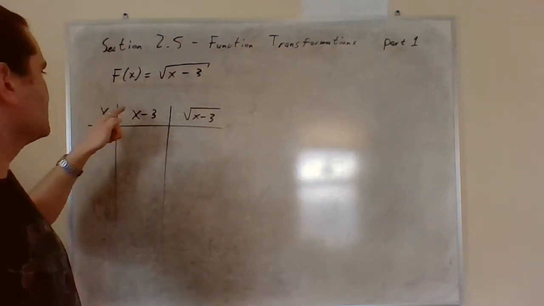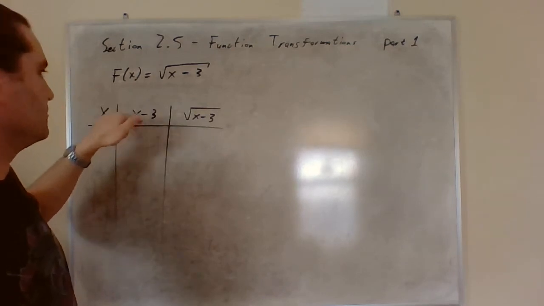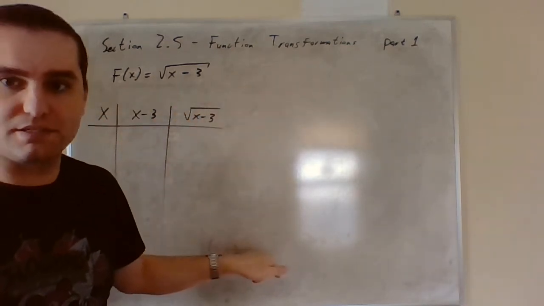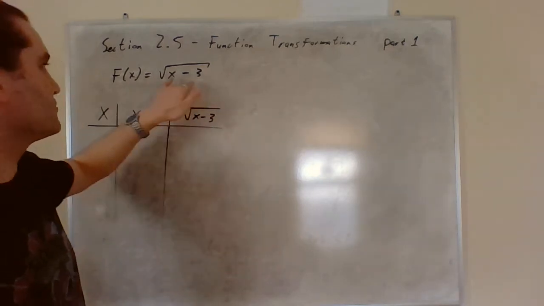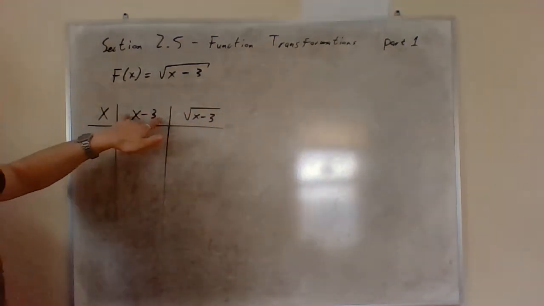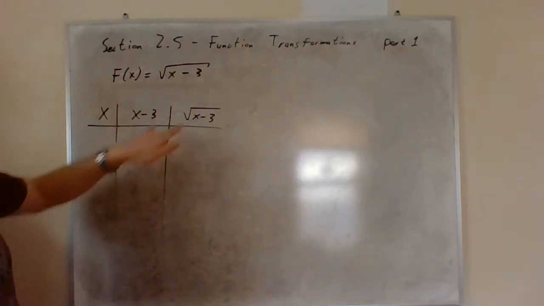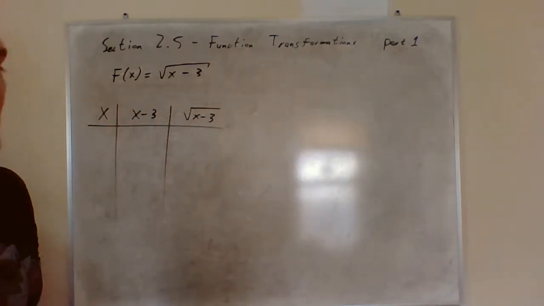Our inputs, our function was in the middle, and then the transformation was at the end. Here, because the transformation is on the inside, we have to put it in the middle. So input, transformation, then the function.